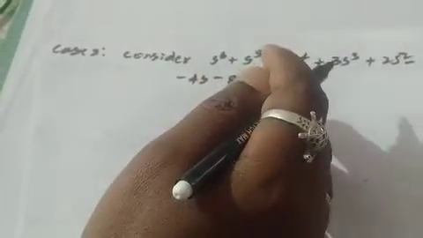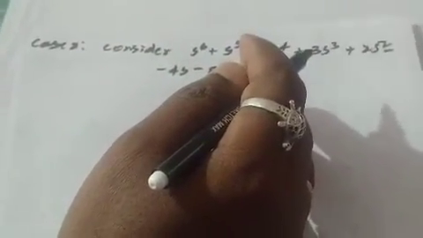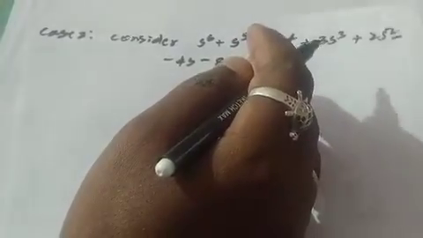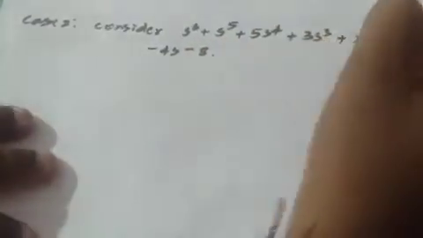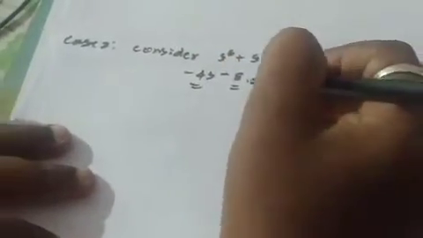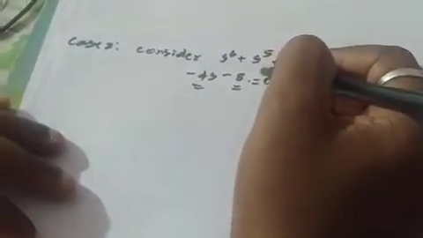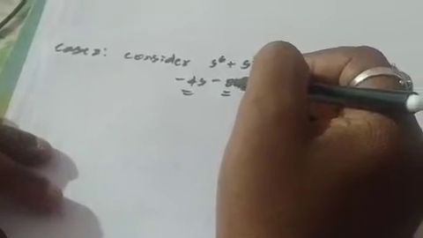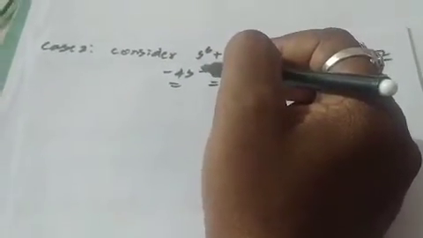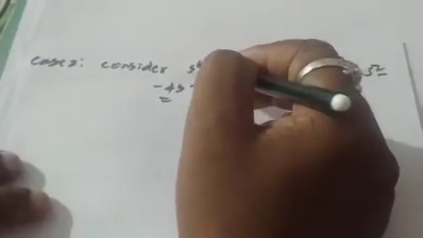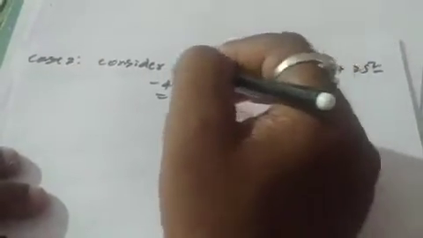Once you observe your given characteristic equation, we have sign changes: minus 4 and minus 8. So that means your given characteristic equation has negative signs, which means your system is unstable, because all these coefficients should have the same sign, they must be positive.